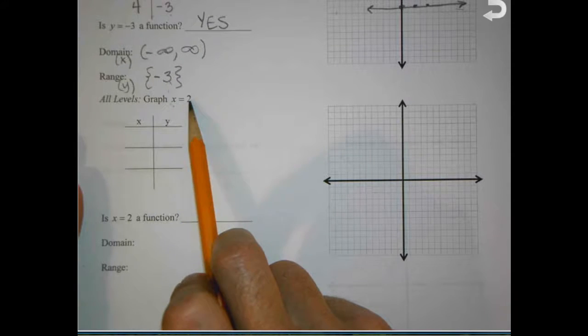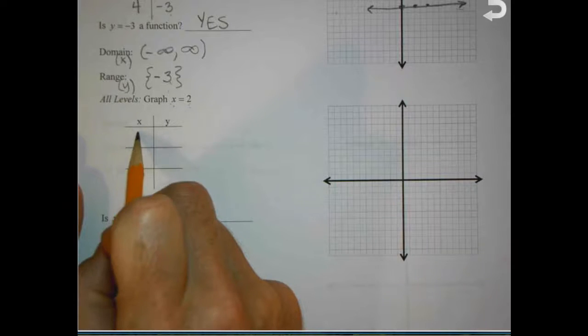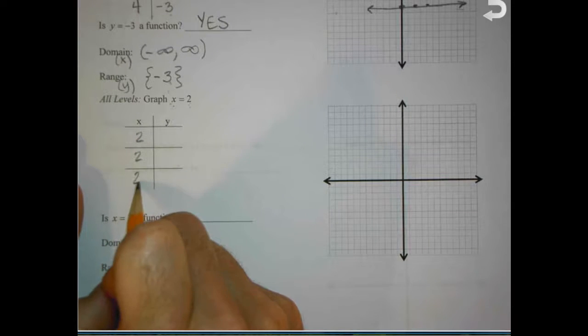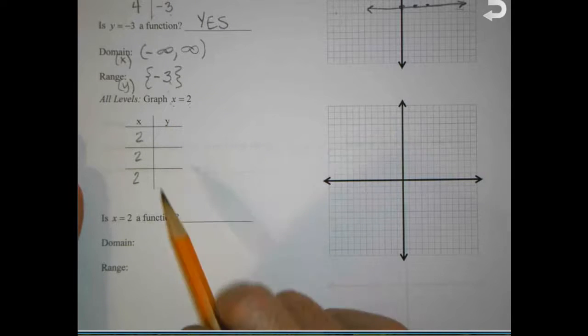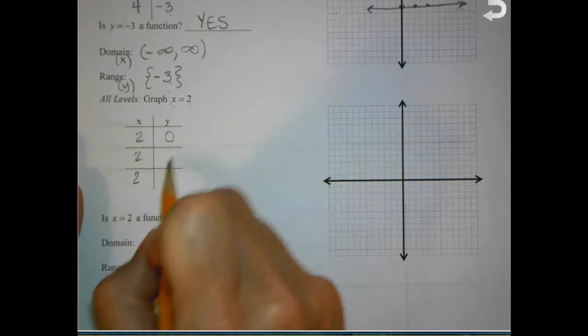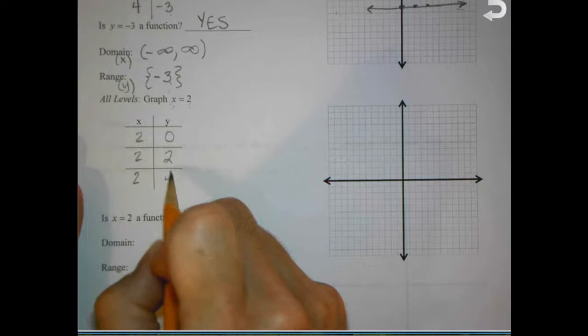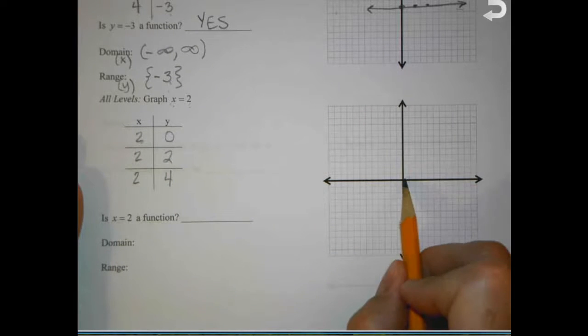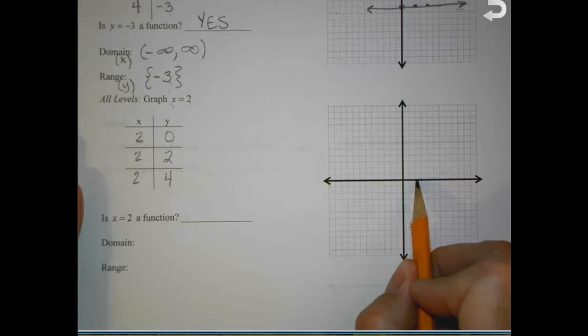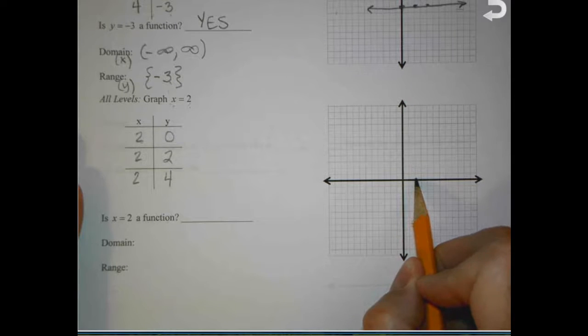No matter what, my x has to be 2, so I put in my 2 for any of the x values, and that means that my y values I get to choose. I can do the 0, 2, and 4 again, and then use those ordered pairs, 2, 0. So in the x direction I move a +2, and then nowhere in the y direction, that's 2, 0.